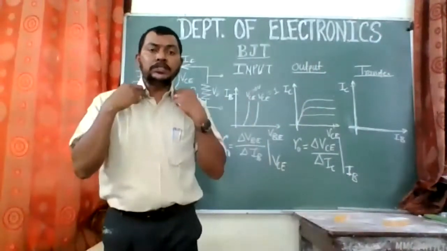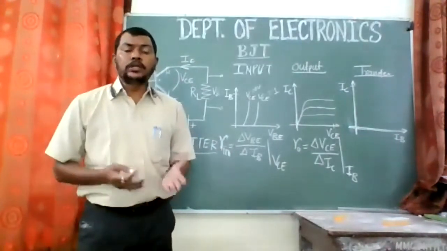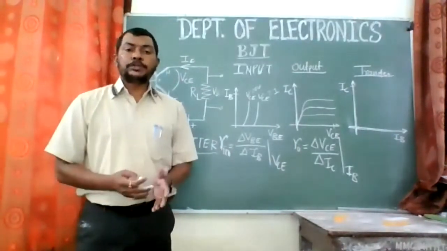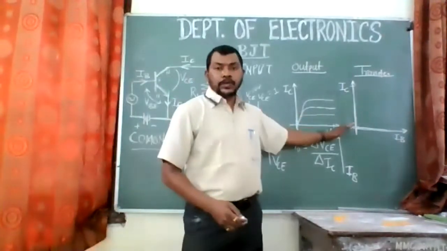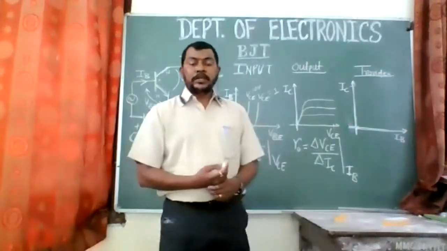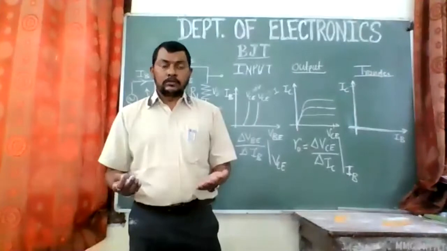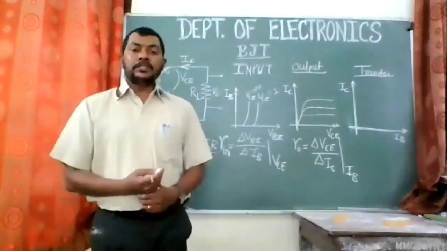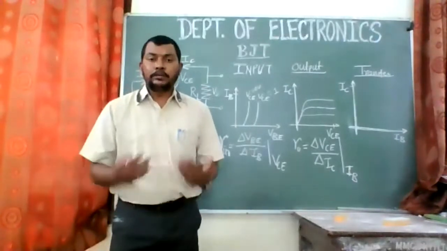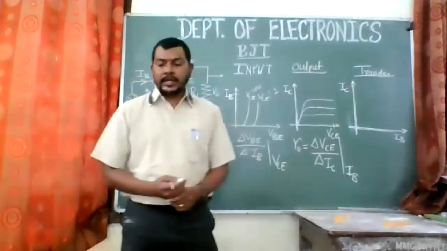Transfer characteristics means the gain, how the output is varying with respect to the input. That is what the transfer characteristics means. How the output is reciprocated, and what is the relation between the base current and the collector current, or the input current and the output current. That is what it means as a transfer characteristic.